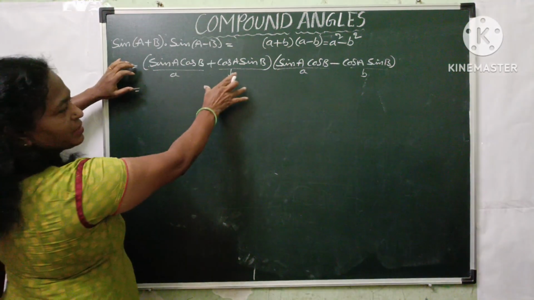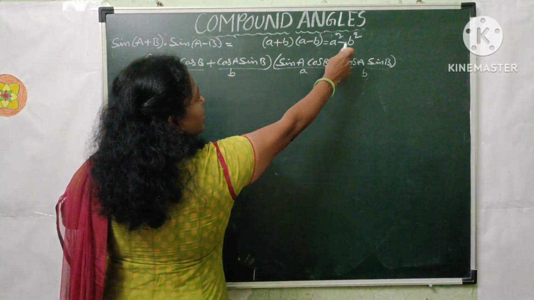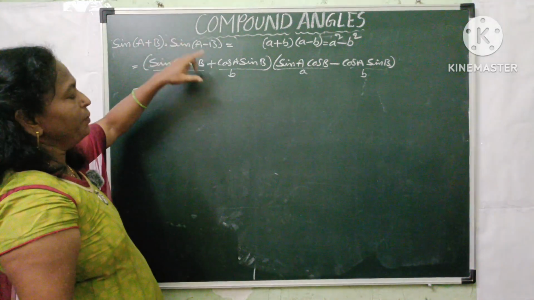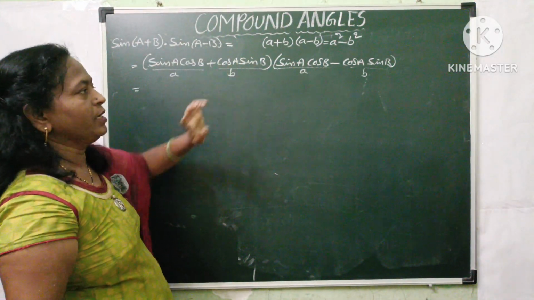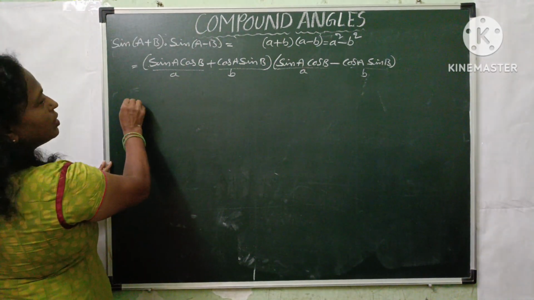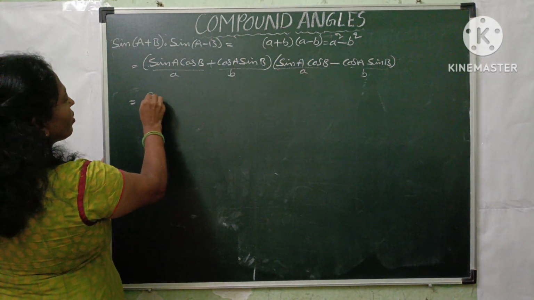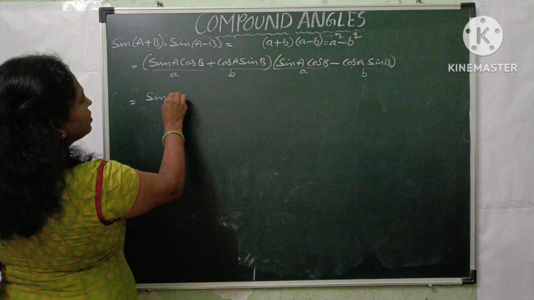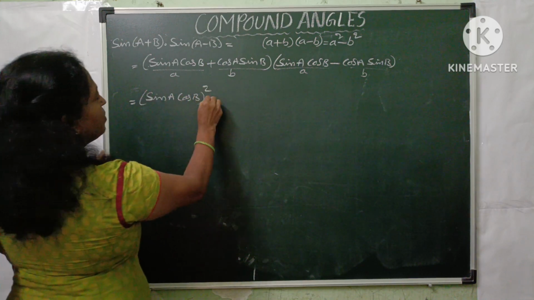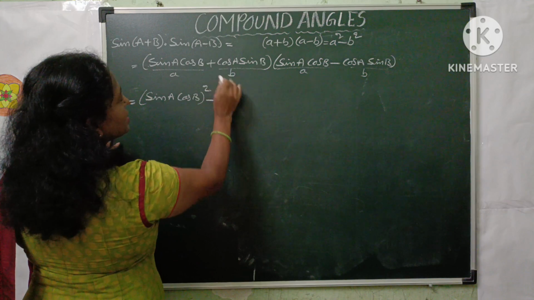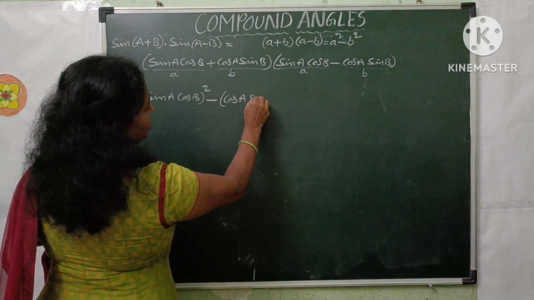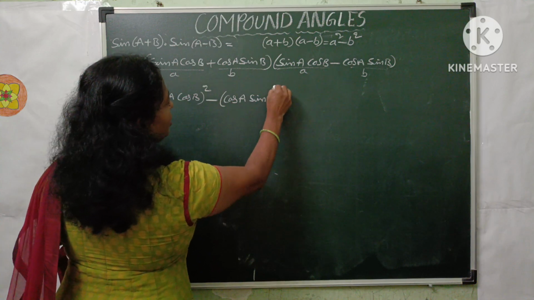So this expression we have to write in a square minus b square form. Here a equals sin a cos b, b equals cos a sin b. So that is equal to (sin a cos b) whole square minus (cos a sin b) whole square.